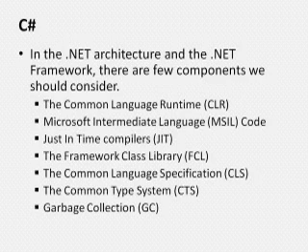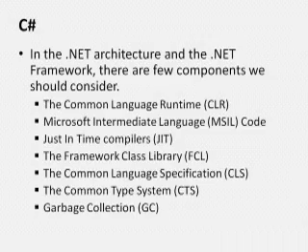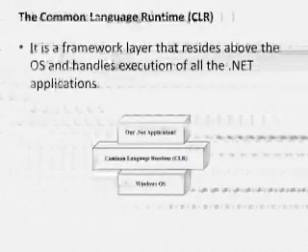They are the Common Language Runtime (CLR), Microsoft Intermediate Language (MSIL), just-in-time compilers (JIT), the Framework Class Library (FCL), the Common Language Specification (CLS), the Common Type System (CTS), garbage collection (GC), and the common language runtime.